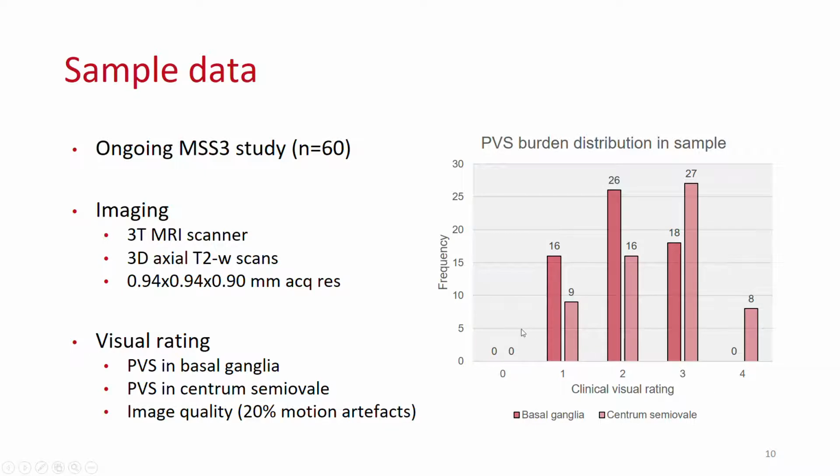You can see that for this particular sample, most values are concentrated around 2 and 3 for both the basal ganglia and central semiovale. Also, an experienced image analyst examined the quality of these images, and we found that around 20% of the images in this sample were affected by motion artifacts, which is quite dramatic for this small sample.